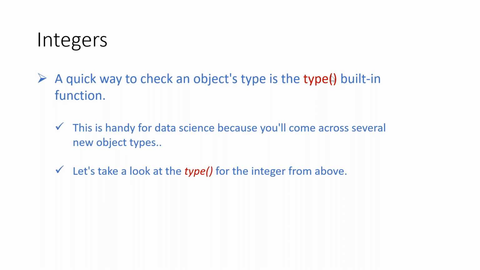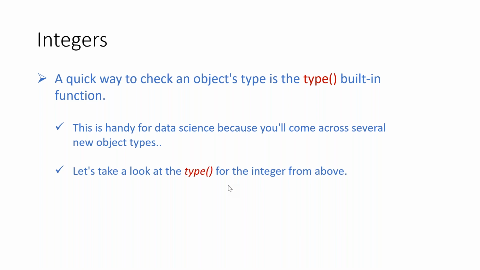It is a very important built-in function we'll keep using. This is handy for data science because you will come across several new object types as you go along, and sometimes you may forget what type an object belongs to. Then you can immediately use the built-in function type, give the object name in the parentheses, and it will tell you the type it belongs to.